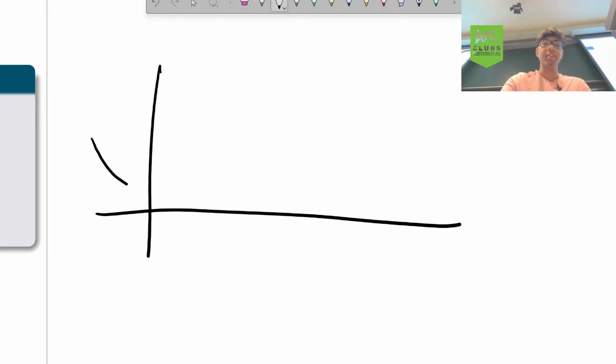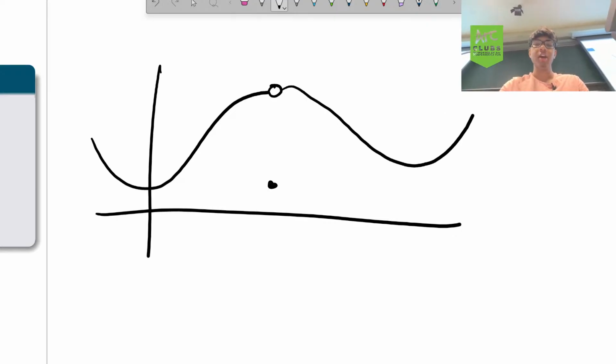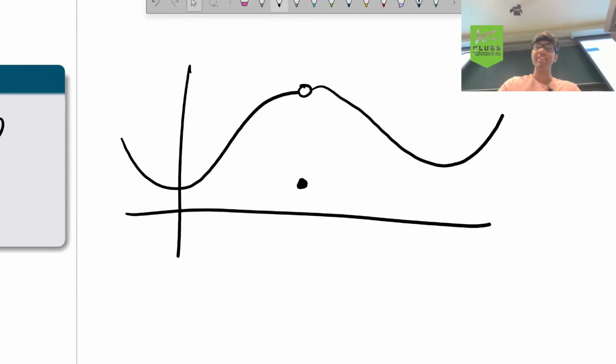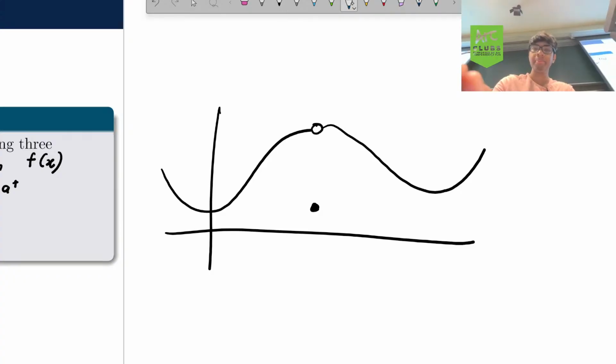A good example I could show here: I have an open circle here, and I have a point down here. Clearly we can see this is not continuous, but why?